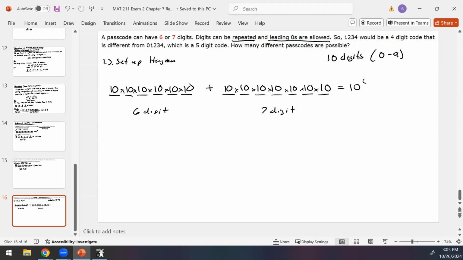And that's just going to be 10 to the 6 plus 10 to the 7th power. And that will be, is that a million? 1, 2, 3, 11 million. Yeah, 11 million. So this is where you have to use the addition principle because again, they don't share codes.